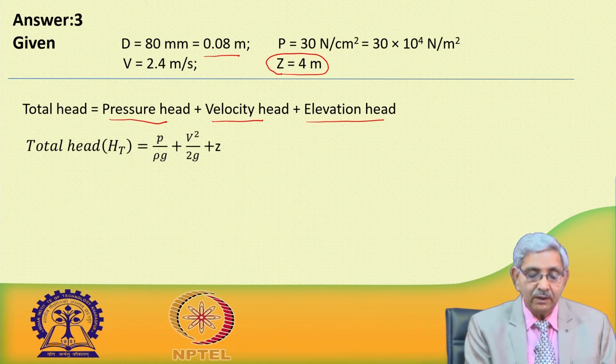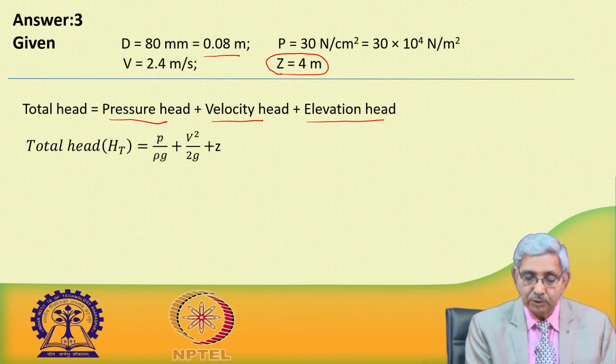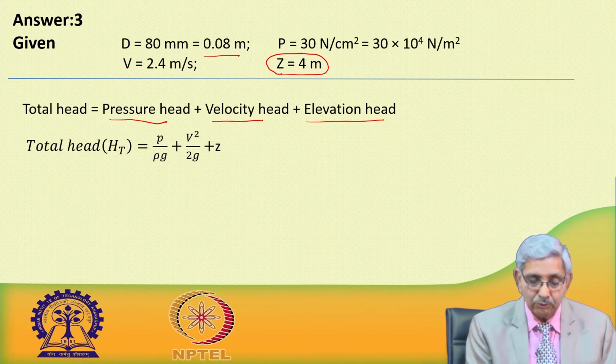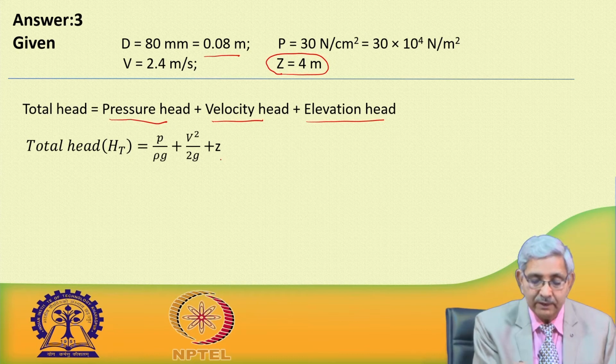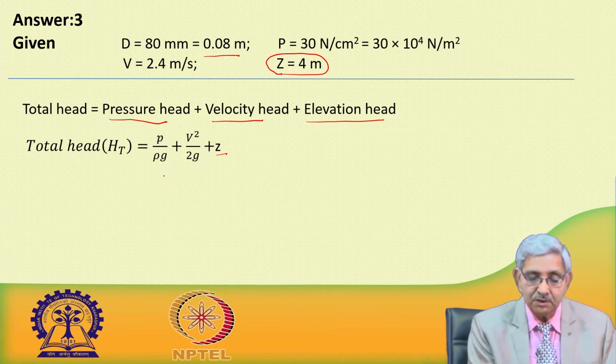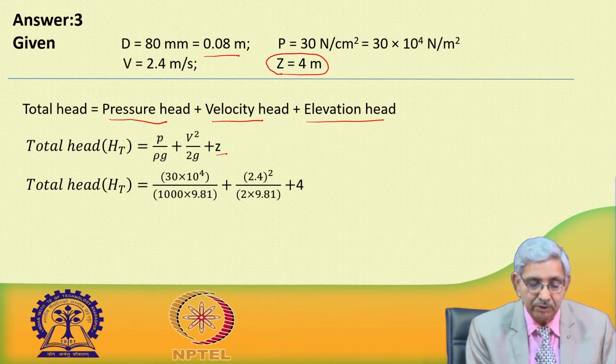So, let us write total head. Total energy or total head is given by P by rho g plus velocity head V square by 2 g plus elevation head, that is Z. All these components are available to us, we simply have to substitute the values.